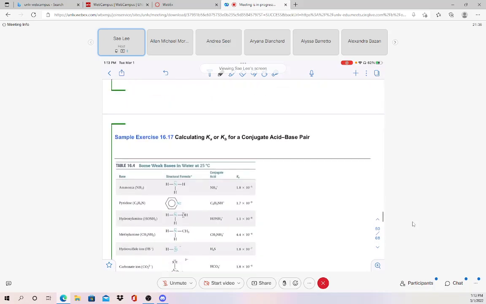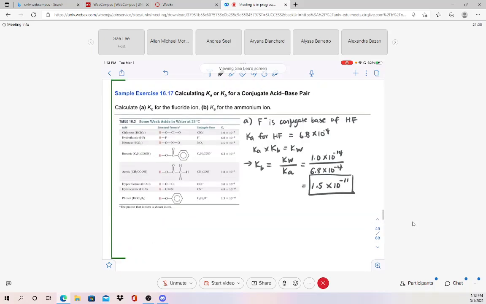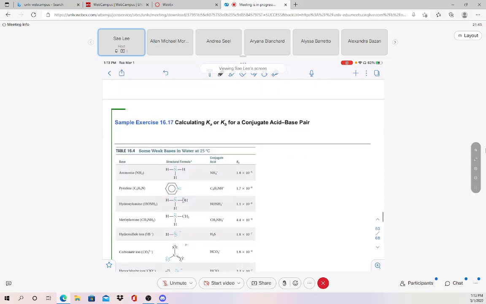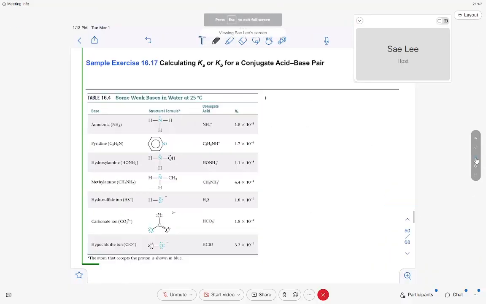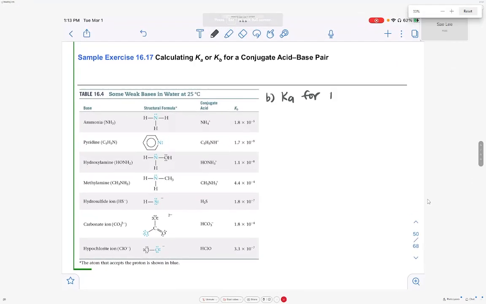For question B, we need to find Ka for ammonium ion.